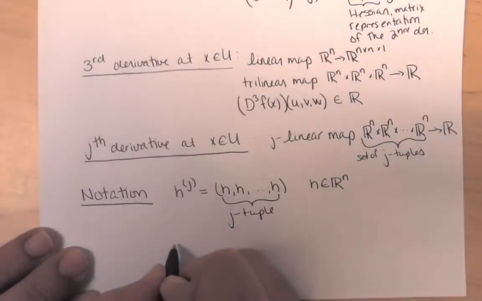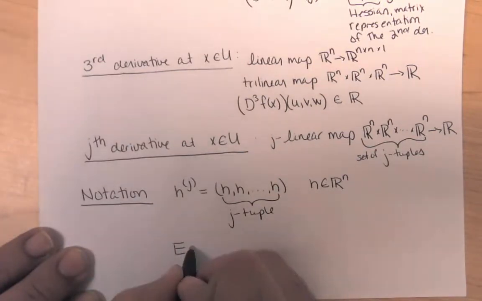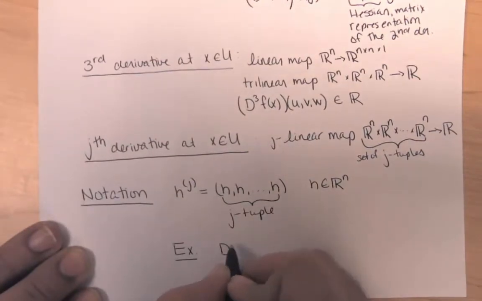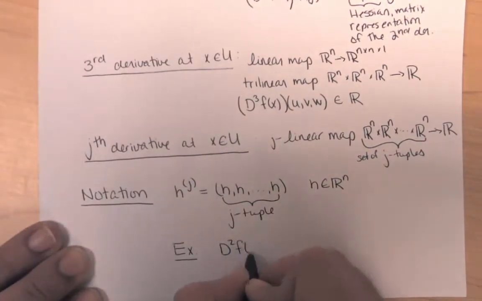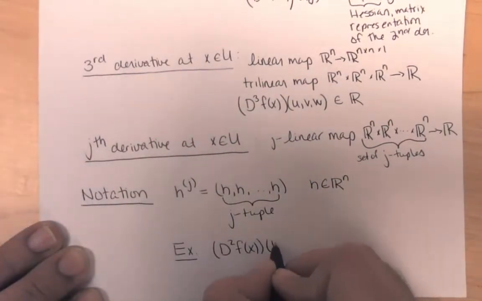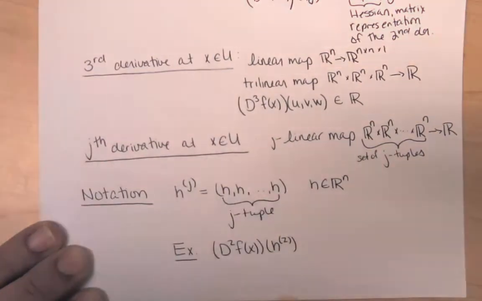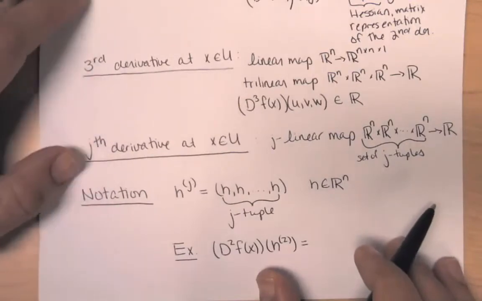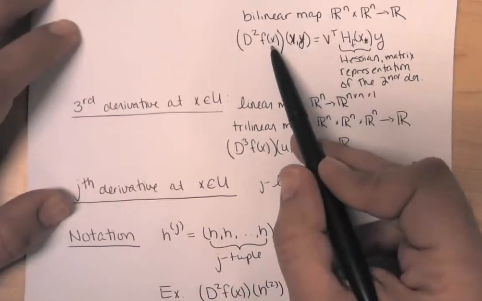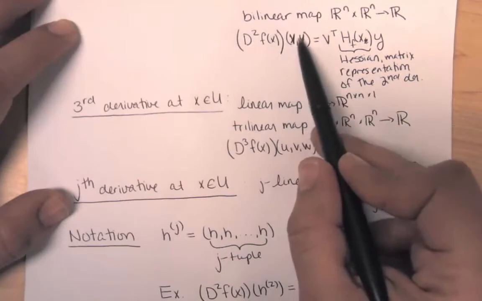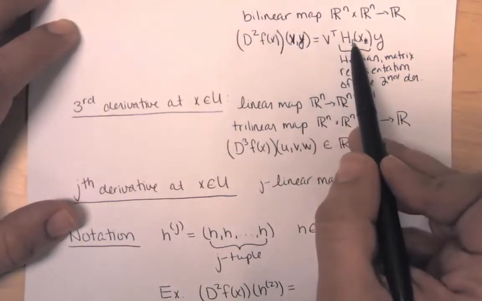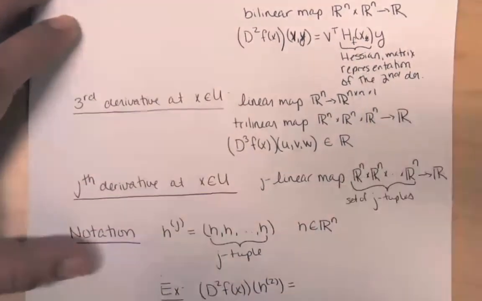So for example, the second derivative of f at x applied to the 2-tuple h is, well, according to how I apply the second derivative to 2 vectors, equal to the first argument transpose times the Hessian matrix times the second argument.